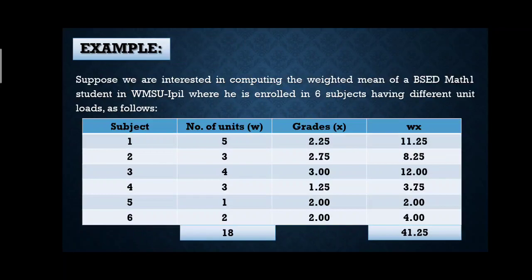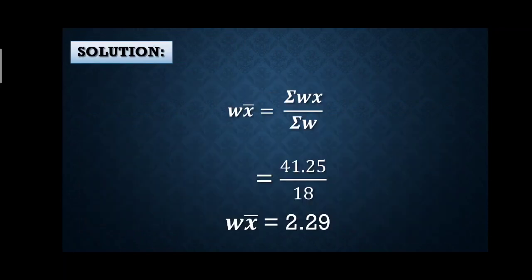Then add all the weighted values: 11.25 plus 8.25 plus 12 plus 3.75 plus 2 plus 4. We have the total weighted value of x, which is 41.25.